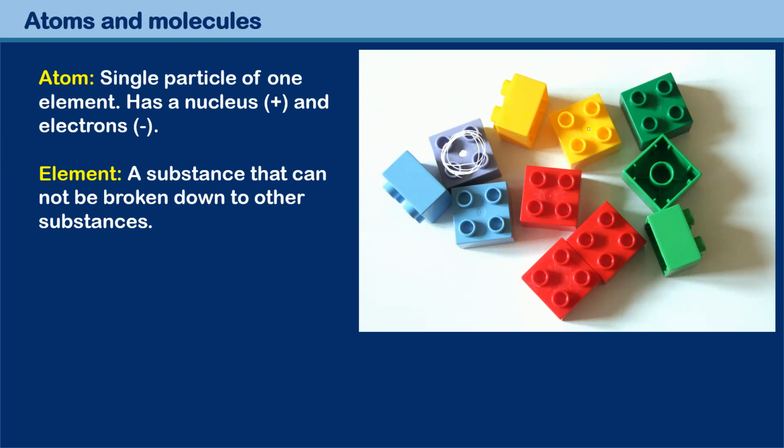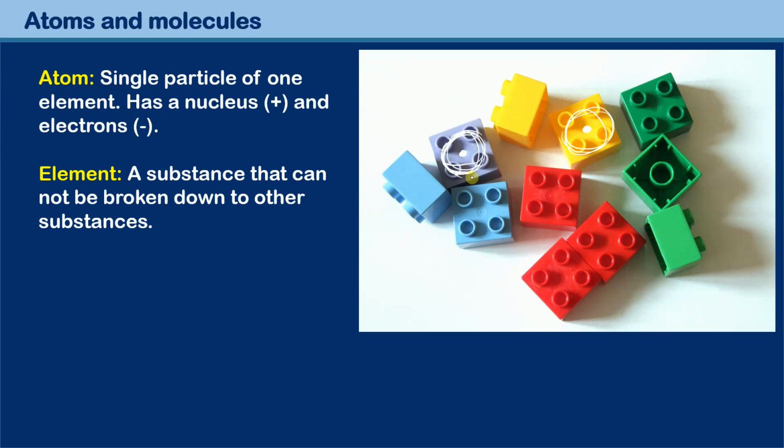Even though the one over here also has a positively charged nucleus and also has electrons, the charge is different, the electron clouds are different, and so on. So it is not possible to convert one element into another one. That is also important to understand here. So a substance that cannot be broken down to other substances is called an element.